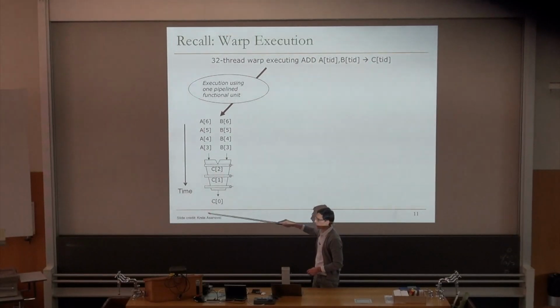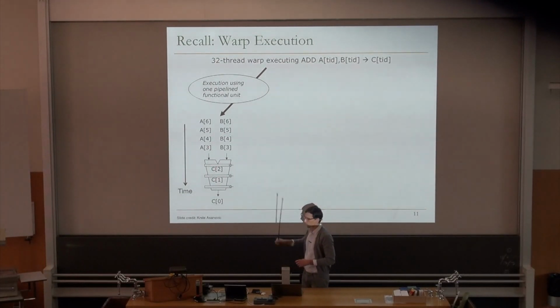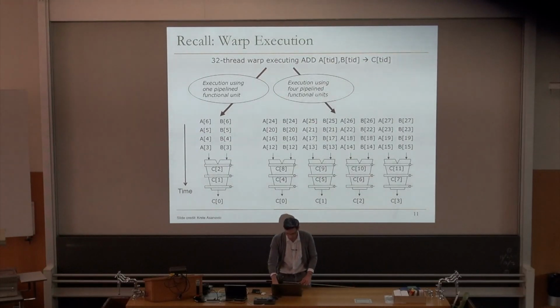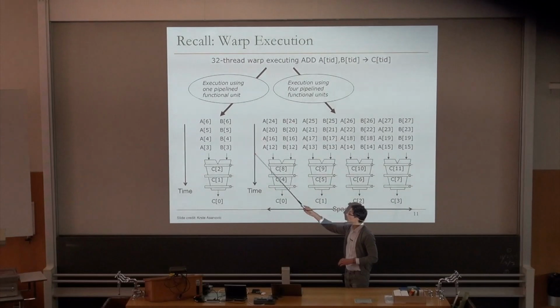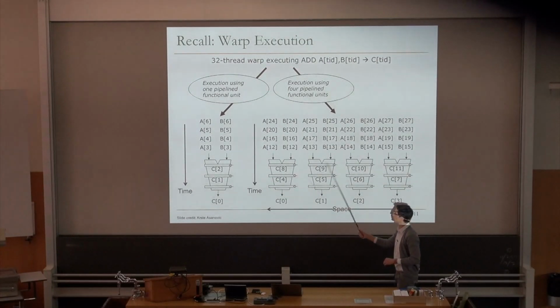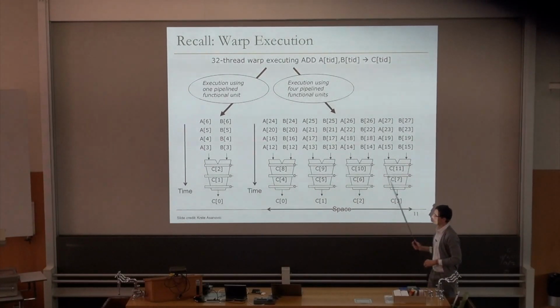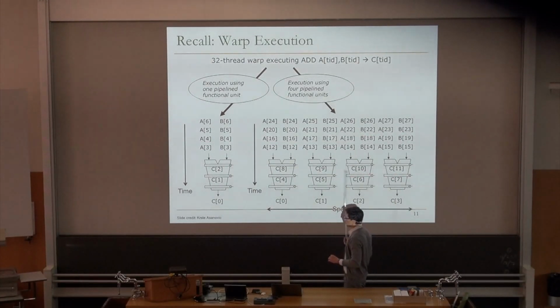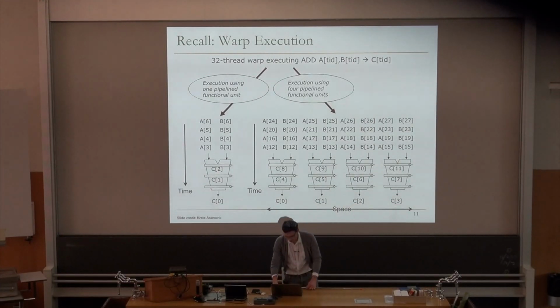So we would be executing instructions simultaneously in time. But if we have more than one of these functional units, we can take advantage not only of the pipeline, not only of the time, but also of the space, the ability to concurrently execute operations in different units and in different space.